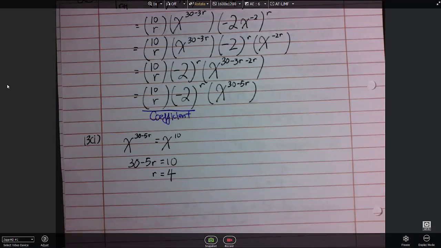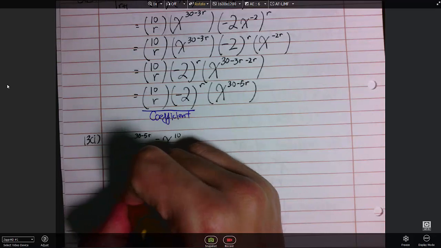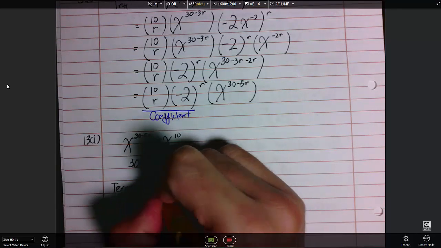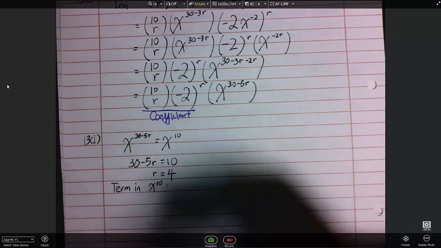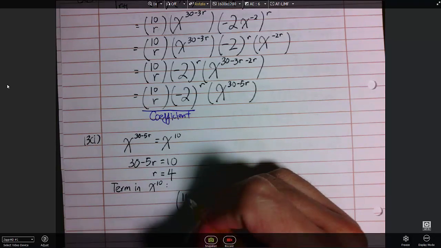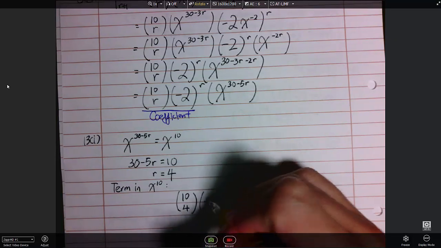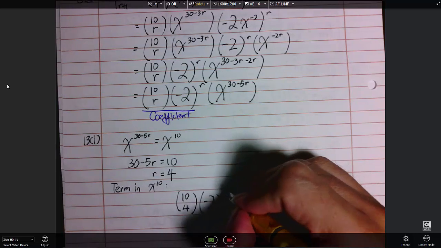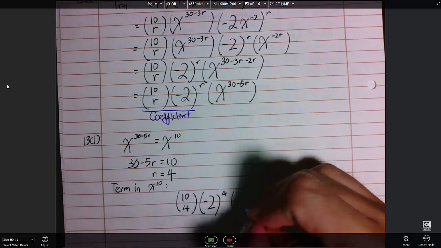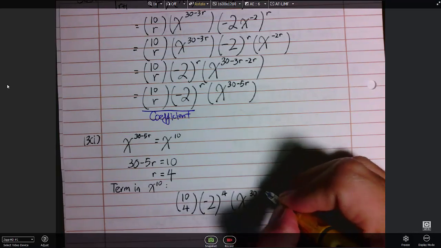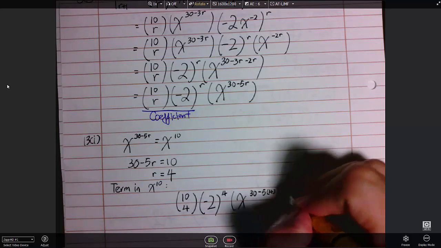So if I put it back, my term in x to the power of 10 will be equal to 10 choose 4, negative 2 to the power of 4, then x to the power of 30 minus 5 times 4.